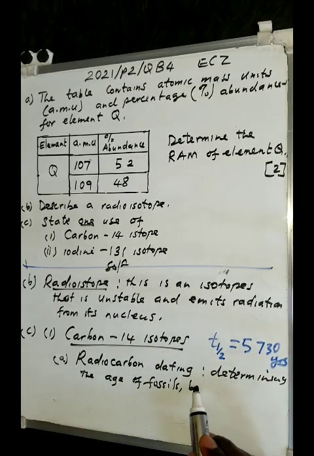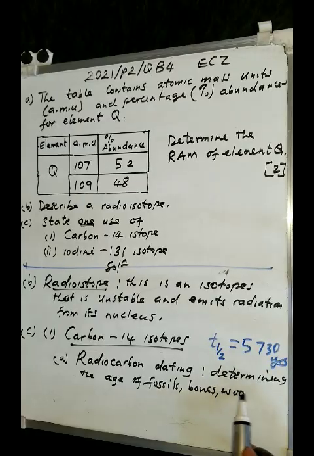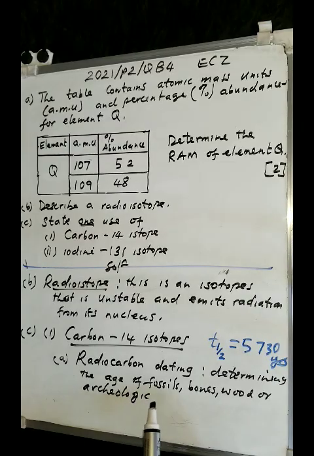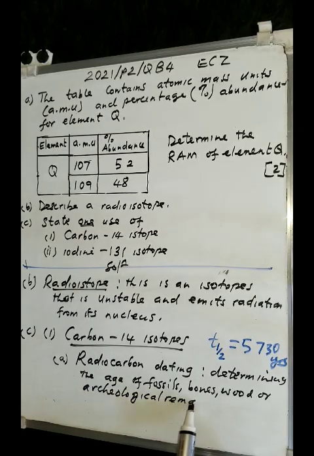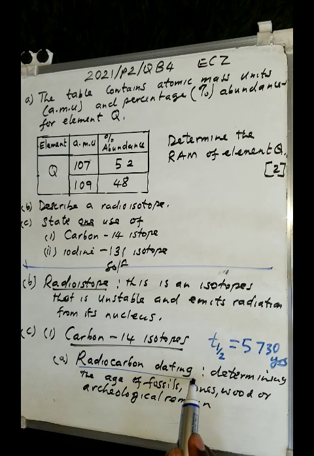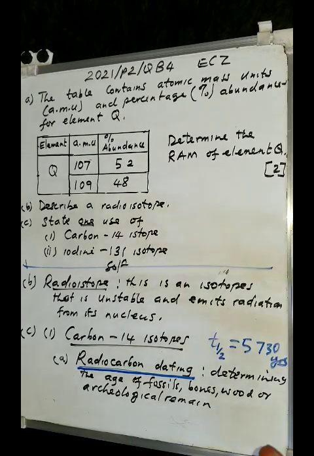It could be fossils, bones, wood, or archaeological remains. So anything to do with determining how long something has lived, the age of something, that is what we call radiocarbon dating. So in terms of the use they wanted you to write, you could have said radiocarbon dating, which has to do with determining the age of fossils, bones, wood, or any archaeological remains.